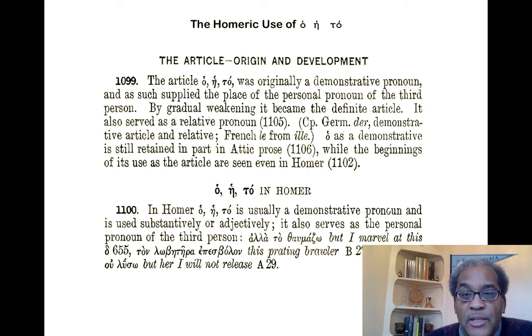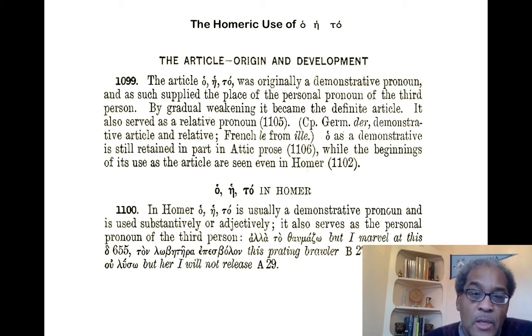That means he, she, it. By gradual weakening, it became the definite article. It also serves as a relative pronoun. So ho as a demonstrative is still retained in part in Attic prose, while the beginnings of its use as an article are seen even in Homer.